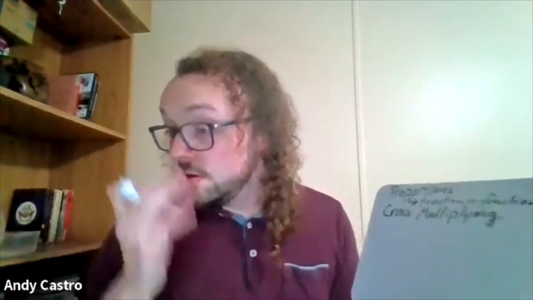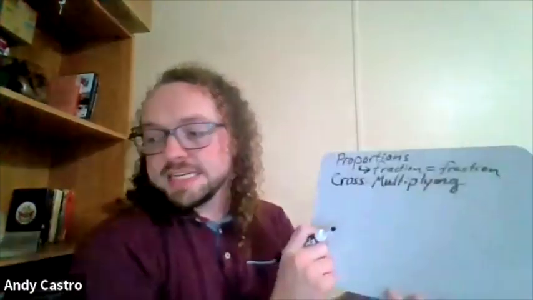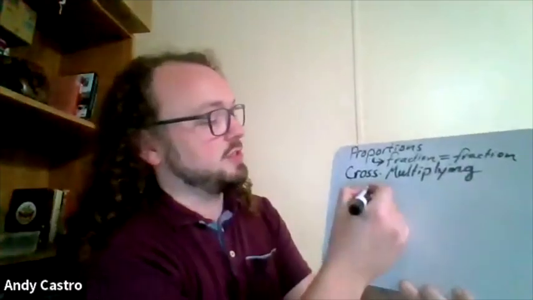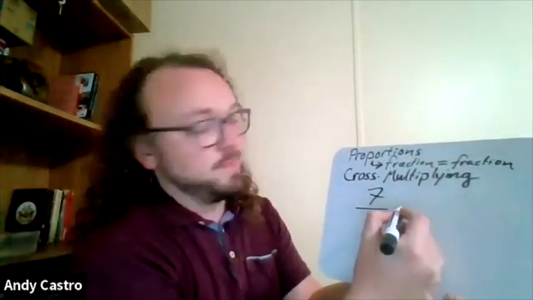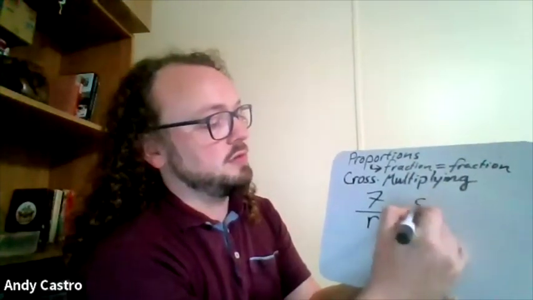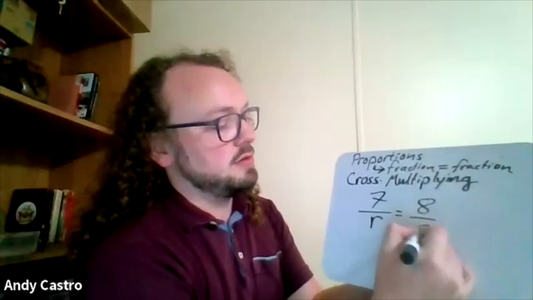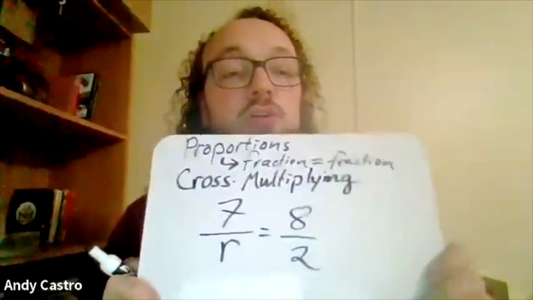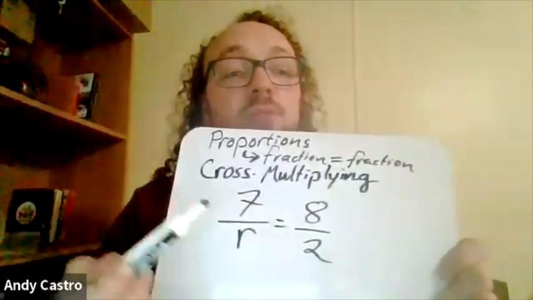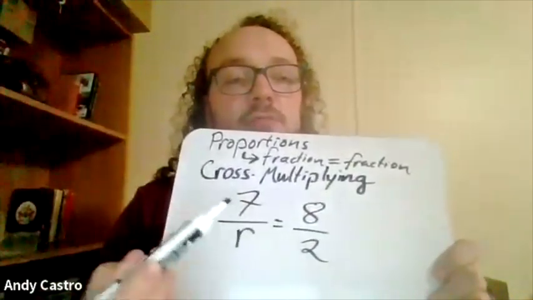I can have one where you send me your answer. So 7 over r equals 8 over 2. All right, so do a cross multiplying where you multiply across the diagonal.